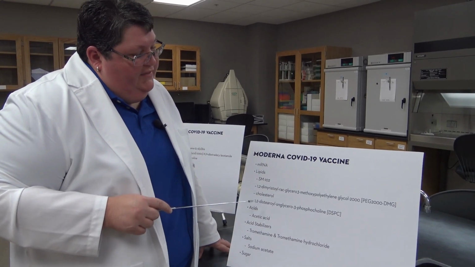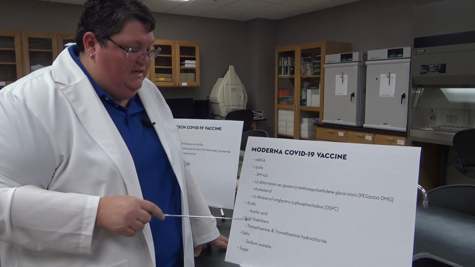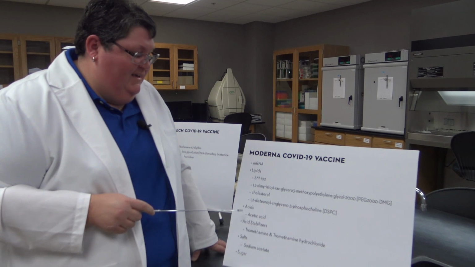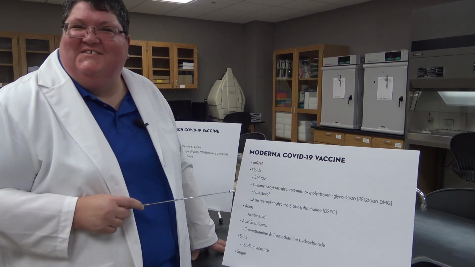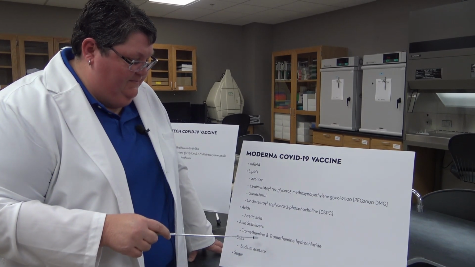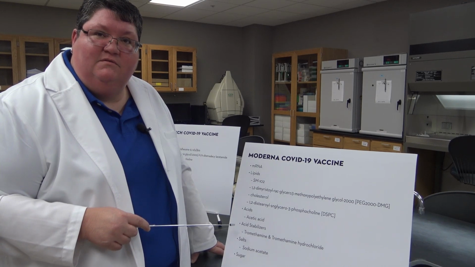The other thing that Moderna has in it are some acids, acetic acid. Acetic acid is vinegar, essentially. And who doesn't like a good pickle, right? There's some other acid stabilizers. Again, salt, commonly used in IV fluids.